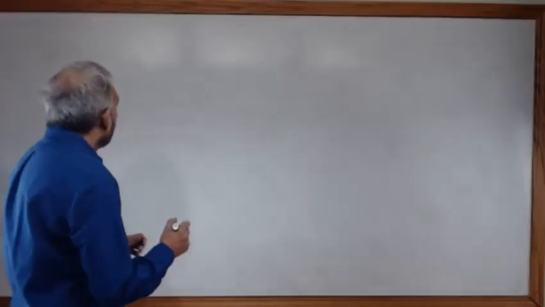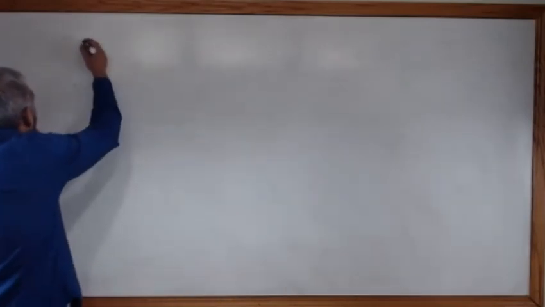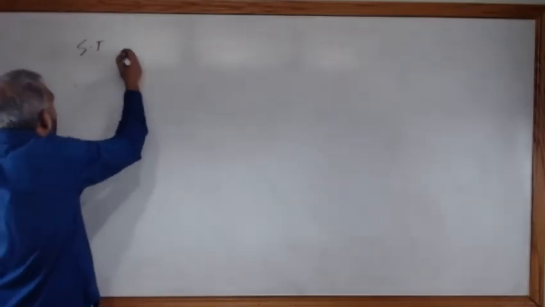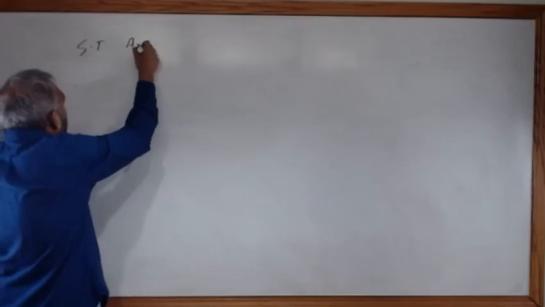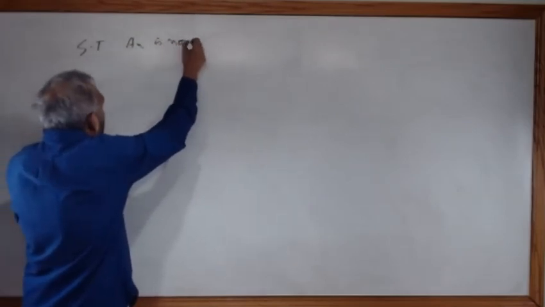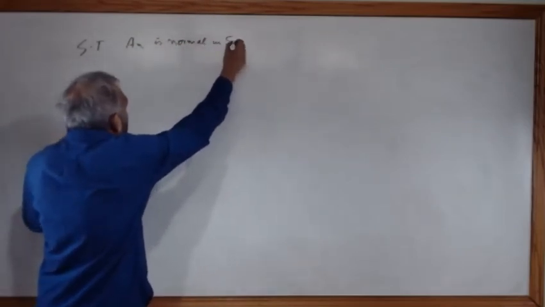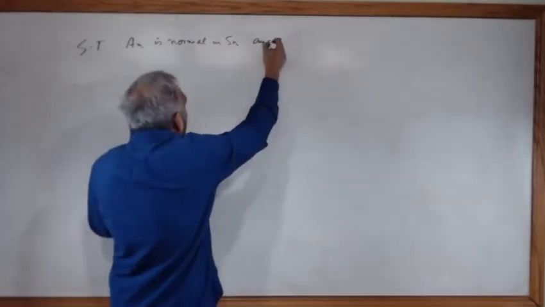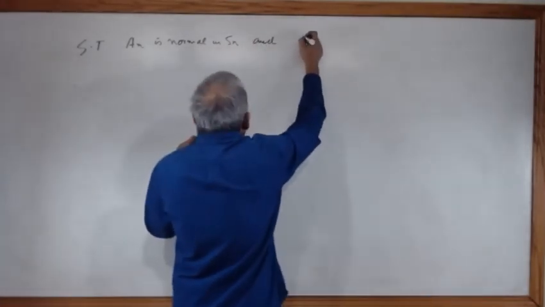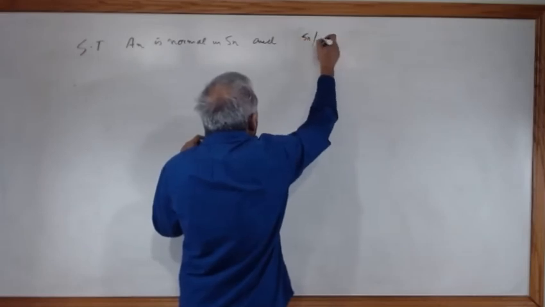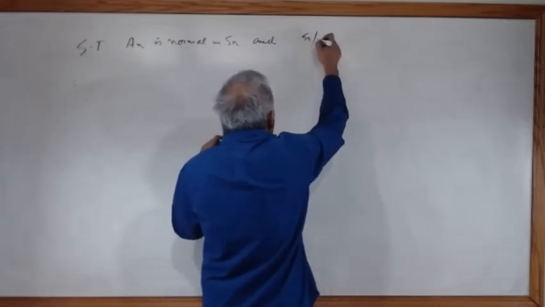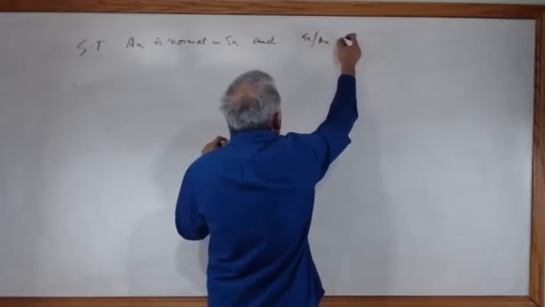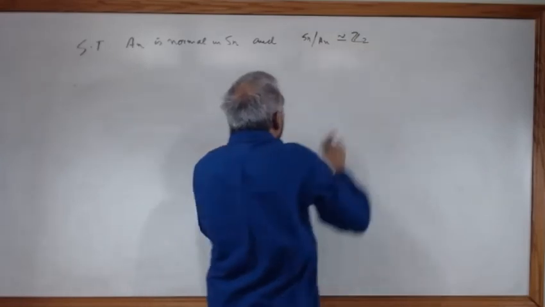We'll do one more problem. Show that An is normal in Sn and the factor group Sn over An is isomorphic to Z2.